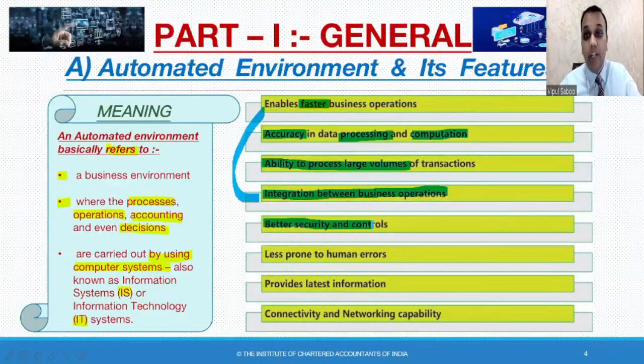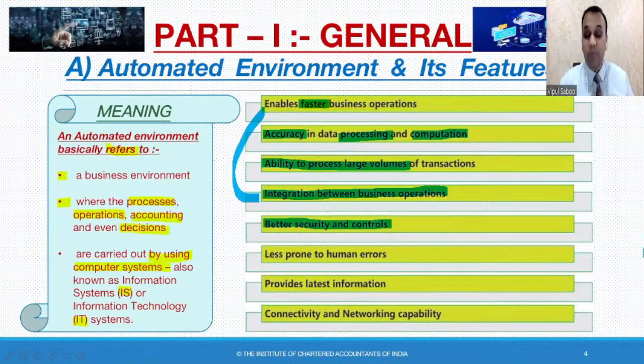Better security and controls. We know about this. A watchman is sitting at the entrance of the factory gate or office. He might fall asleep, right? But if there are proper biometric controls, without a proper retina scan or thumb impression, you will not be able to enter that building.